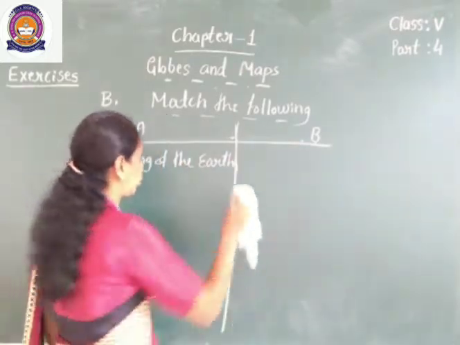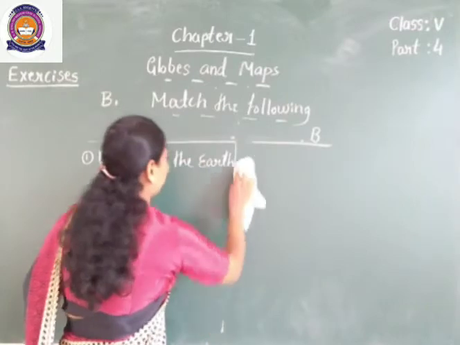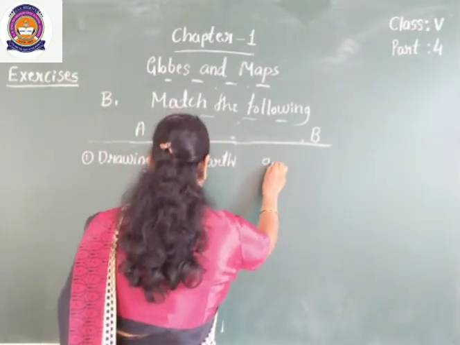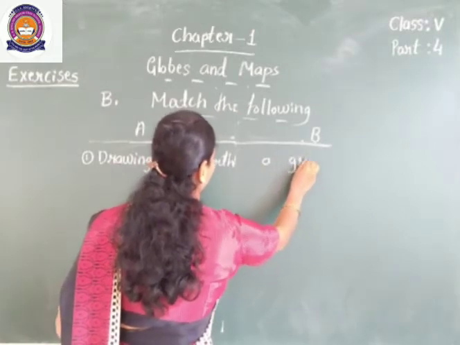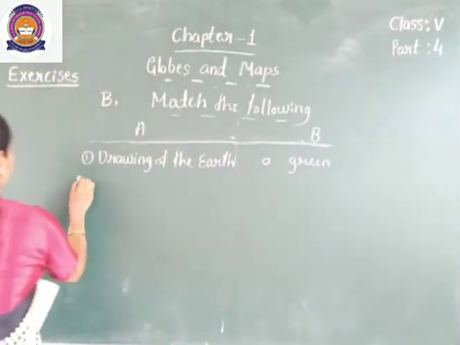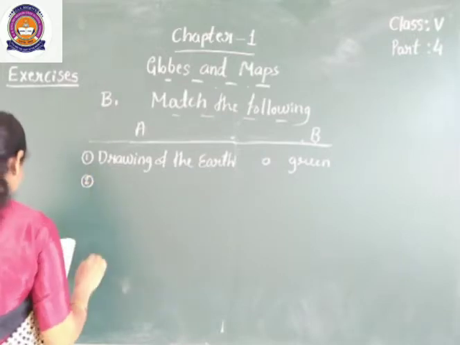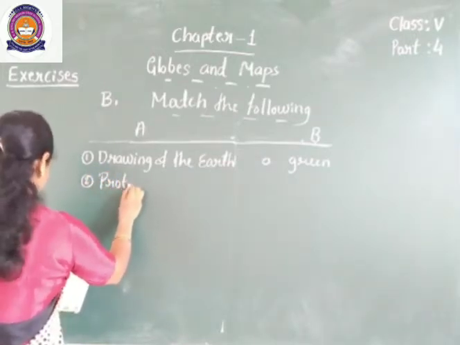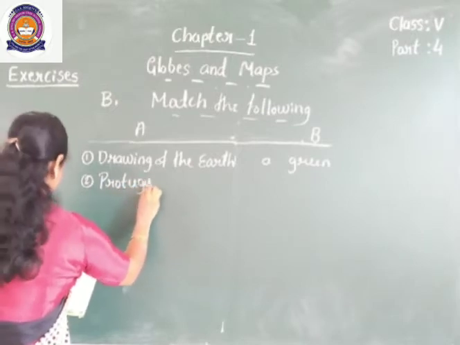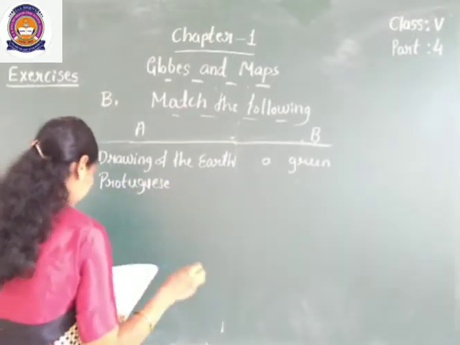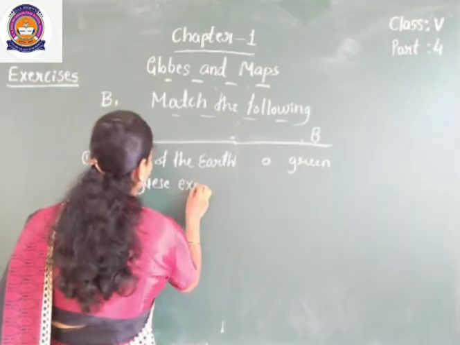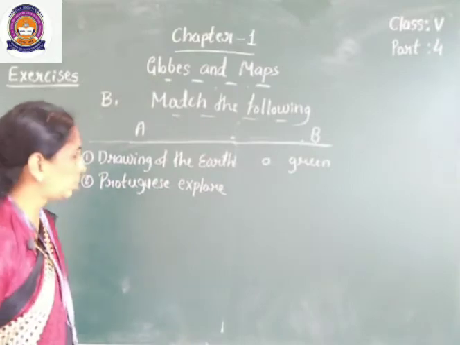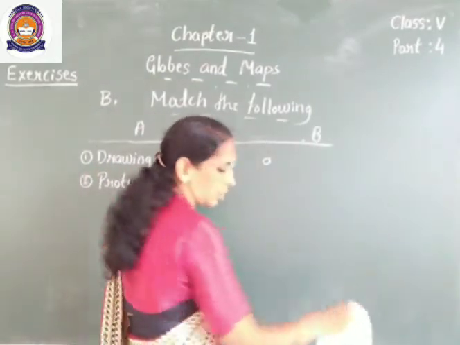Okay, see here students, B part, green. Second question, Portuguese explorer. Okay students, see here, I am writing the front answer only here.